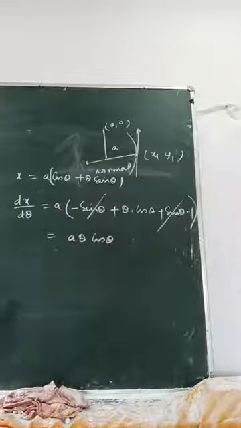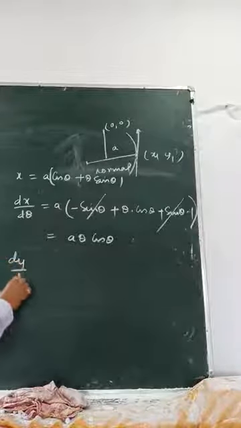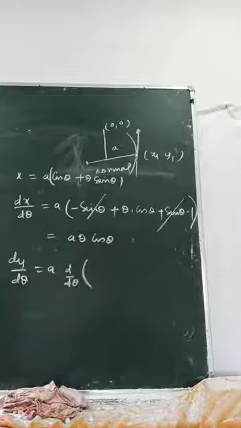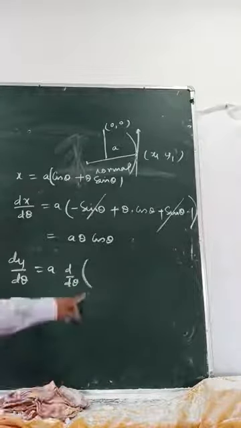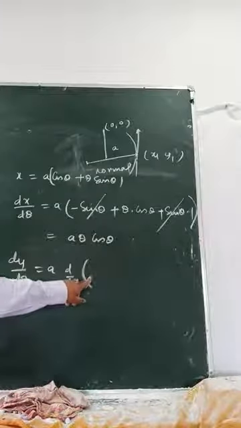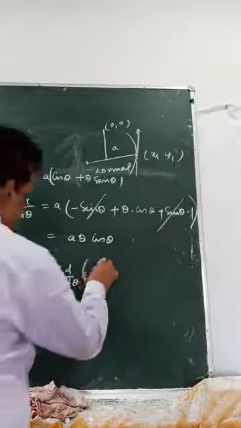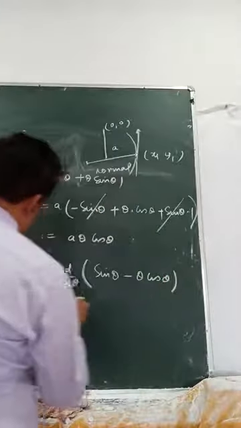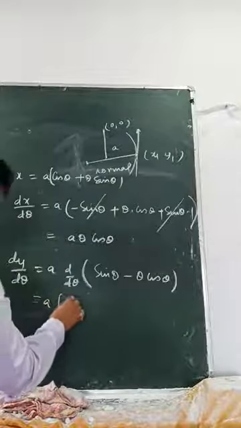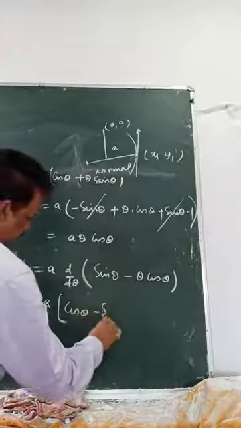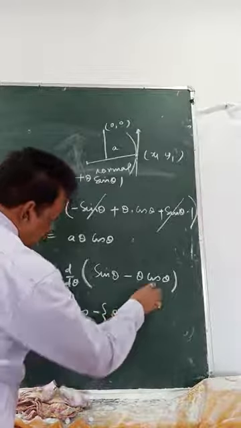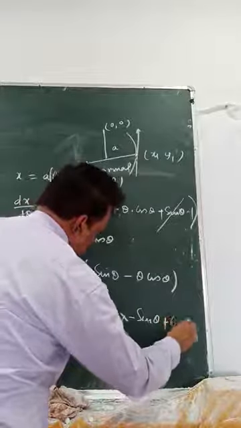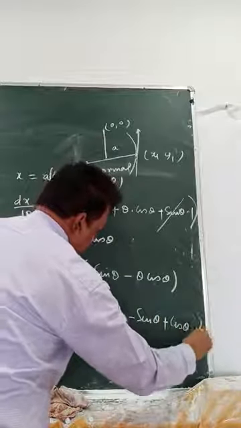Okay. What is dy by d theta? Taking a common, d theta of sin theta minus theta cos theta. So a times: cos theta, first function, derivative of cos theta is minus sin theta, plus cos theta times the derivative of theta, which is 1.